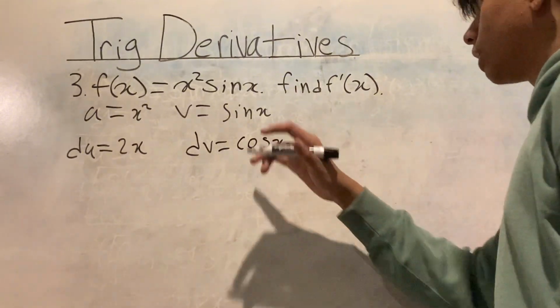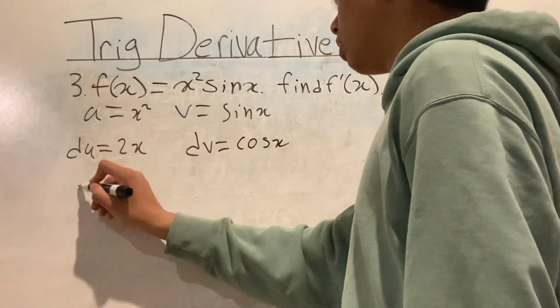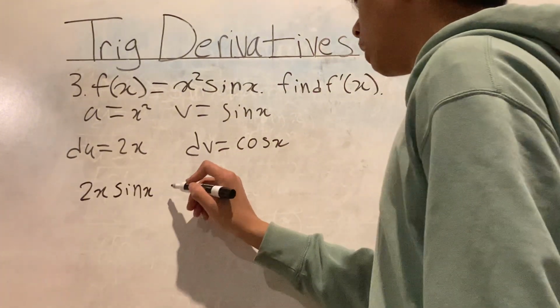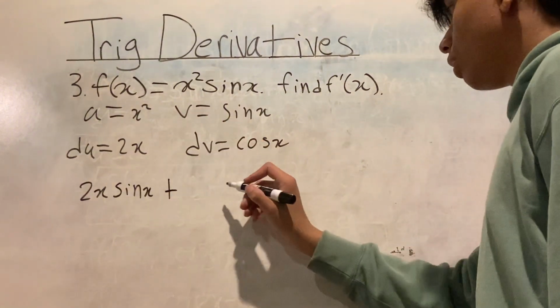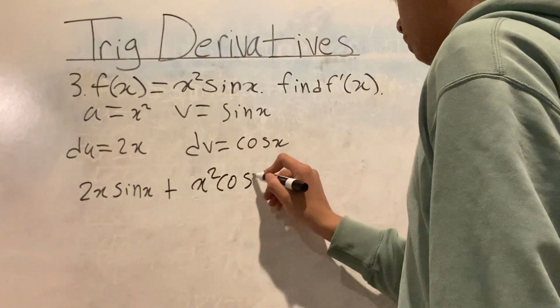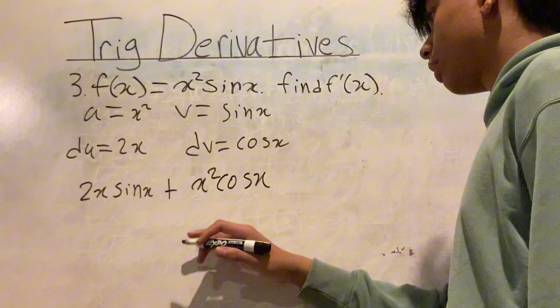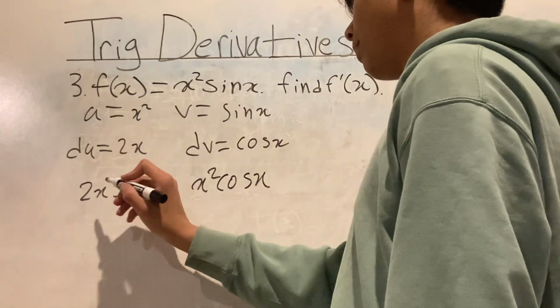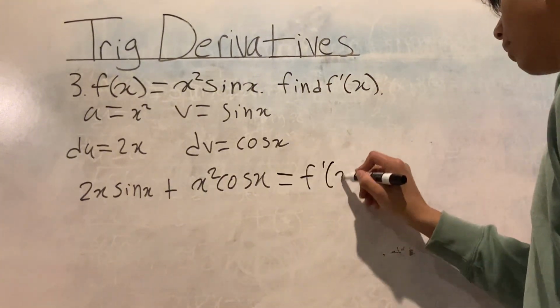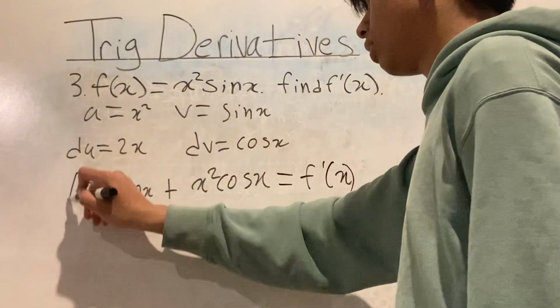And now let's multiply. So we have 2x sine x, v du, plus u dv, which is just x squared cosine x. And we can't really factor anything else out here except for x, but it doesn't matter all too much. So we can just say this is f prime of x.